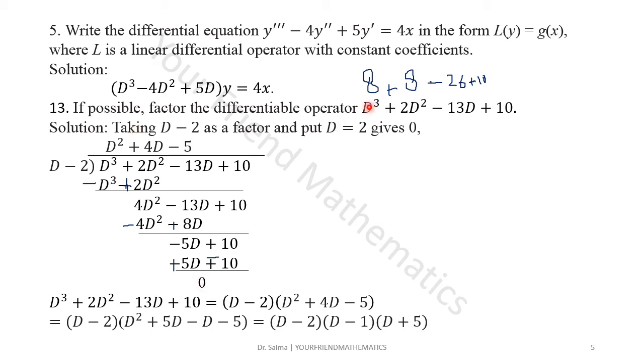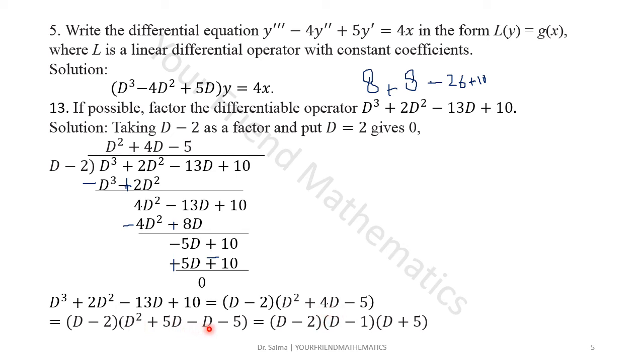So the factors of this polynomial are D minus 2 and D squared plus 4D minus 5. We further factor this quadratic polynomial: we can have two terms 5D and minus D, so that 5 into minus 1 is minus 5, and 5D minus D is equal to 4D.